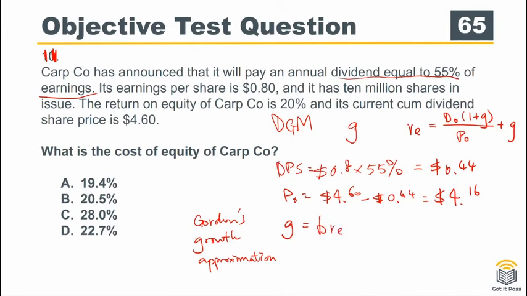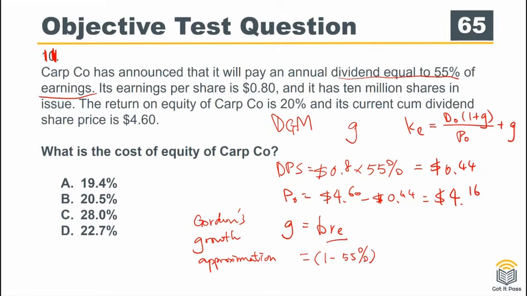Okay, remember here this return on equity, okay, we call here cost of debt, or in the growth model, okay, it will be the same using the RE, or KE, cost of equity. So for G, using the Gordon growth approximation, b is the retention rate, the profit retention rate, which is 1 minus 55%, because 55% is the dividend payout rate.